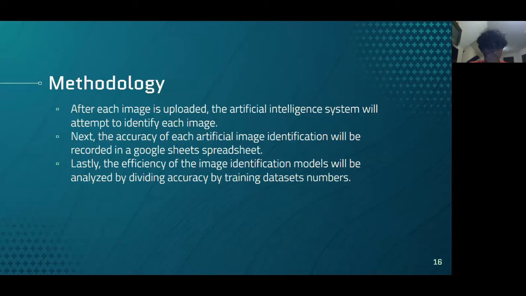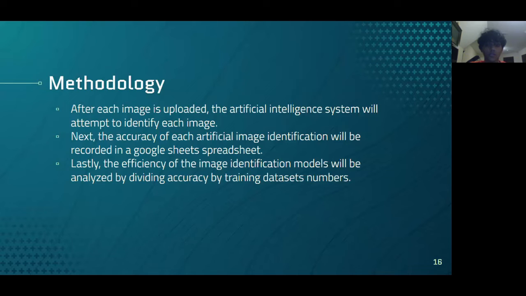To test the effectiveness of each artificial intelligence system, each one of the 100 selected images was uploaded onto the system. After each image was uploaded, the artificial intelligence system attempted to identify it. Next, the accuracy of each artificial image identification was recorded in a Google Sheets spreadsheet. The spreadsheet had 3 columns for the 3 different AIs and 100 rows for each of the 100 selected images.